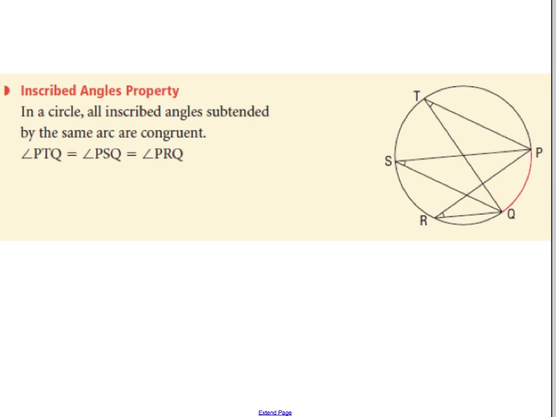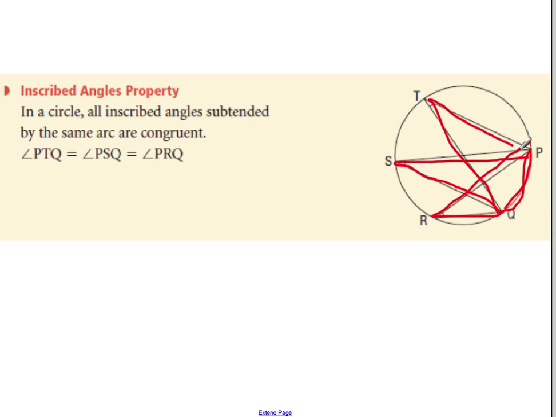All the inscribed angles are congruent. That means they are the same measure. So again, if I'm talking about arc PQ, it doesn't matter where we go on the major arc PQ. Has to be on the major one though.